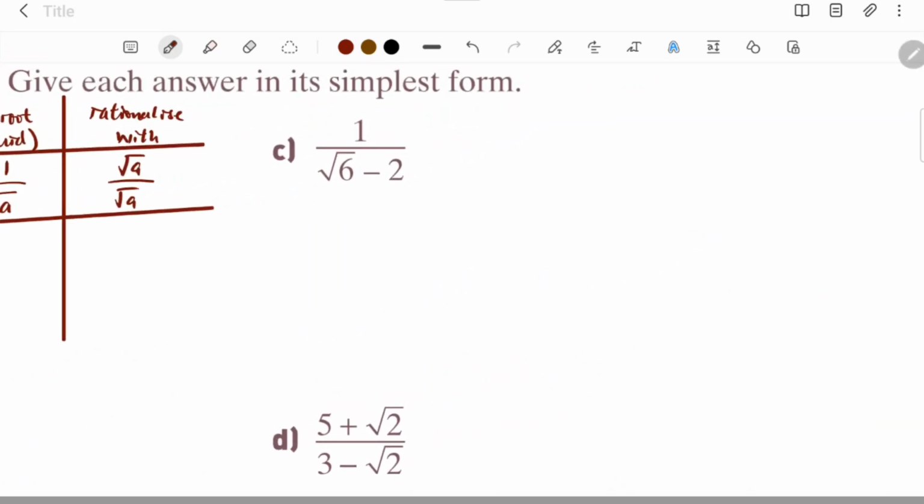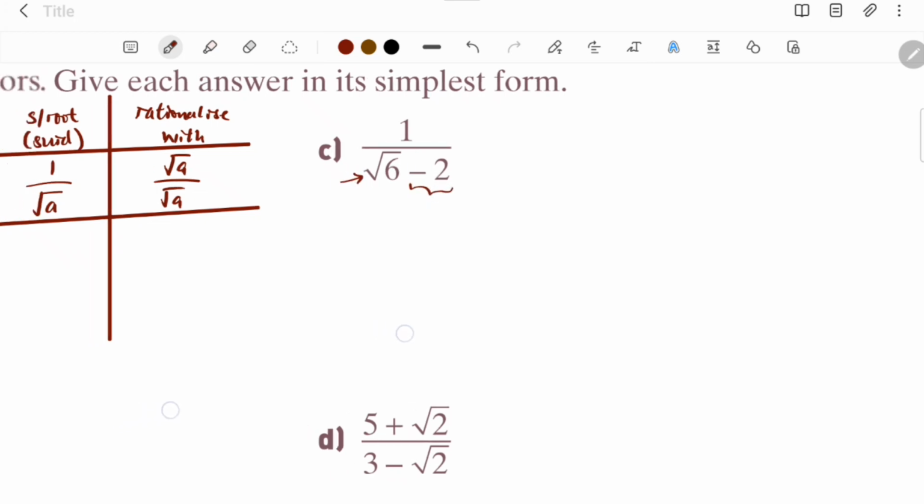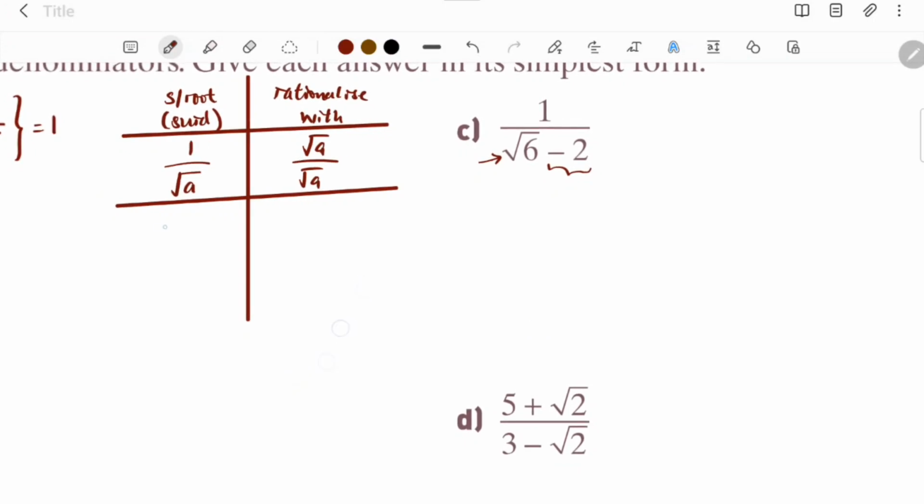Okay, C. Notice that this one, the surd is still there at the denominator, but you have the other term. So for this kind of situation, surd a plus or minus b, you multiply with 1 over surd a minus or plus b.